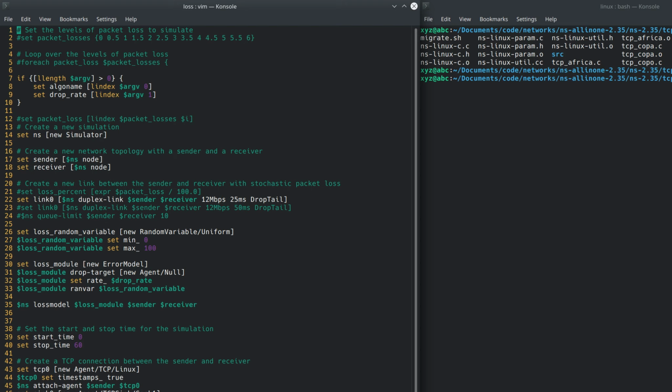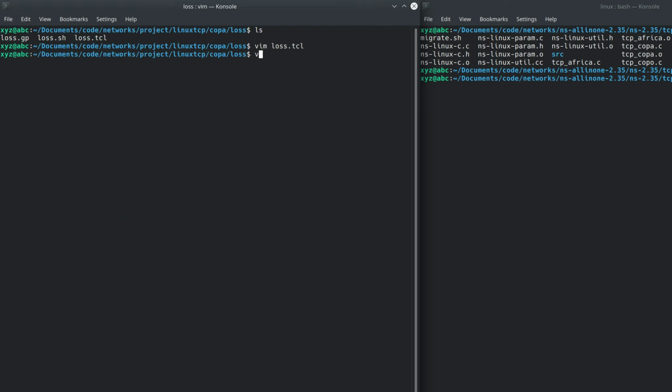The thing that we're changing here is that we are now allowing the link to drop packets at random, and we're going to change the rate at which it drops the packets between 0% and 6%. We're going to run the simulation for 60 seconds, and we're going to measure the average throughput that the flows get.